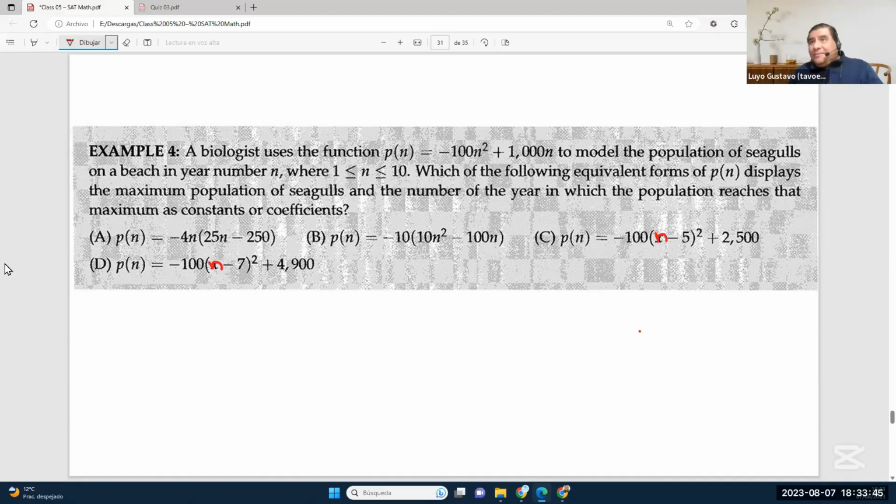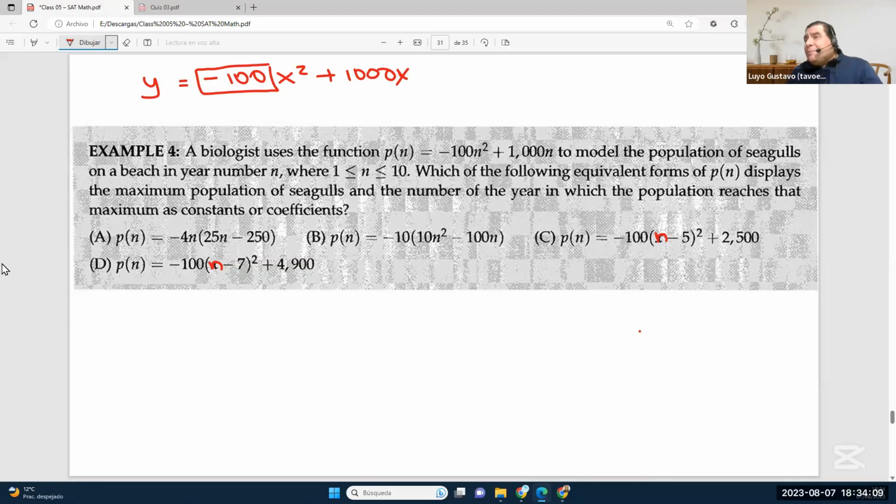Take a look at something. It's interesting that if our P of n is our y, and our n is our x, what about this coefficient? This coefficient represents that it's an inverted parabola.